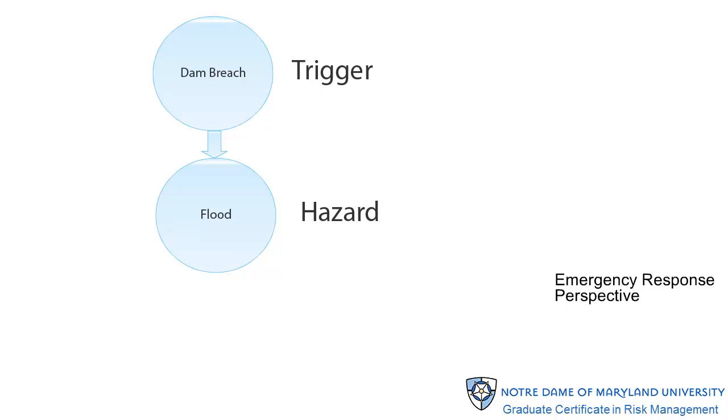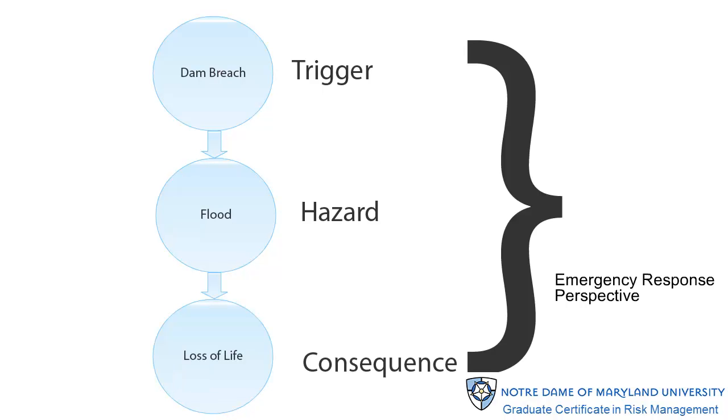Now let's take an emergency response perspective. This time the trigger is the dam breach, the hazard is the resulting flood, and the consequences of concern are the potential losses of life. All of these components together and the details of the story of how the dam breach can lead to the loss of life is the risk.